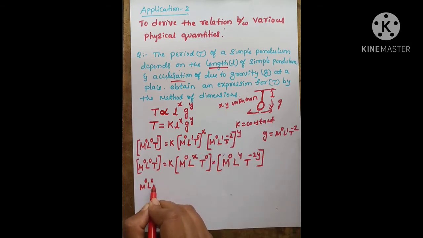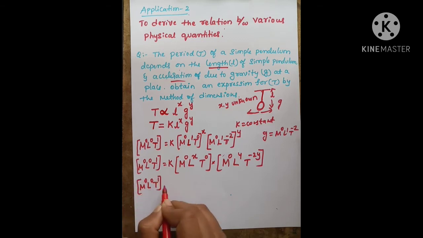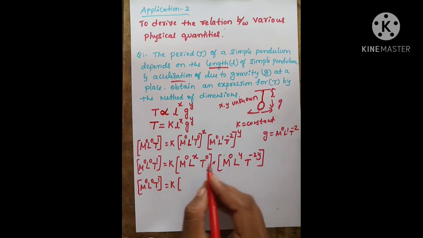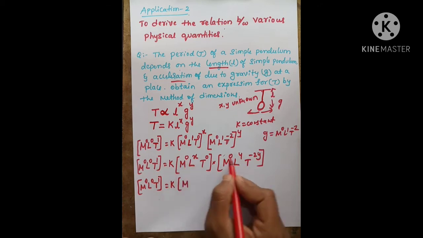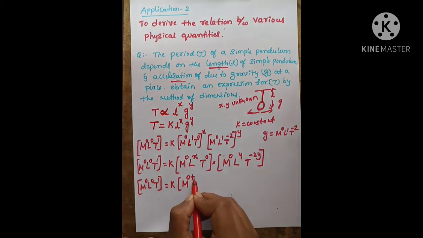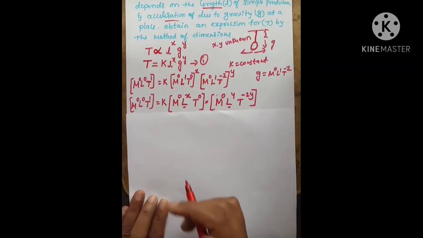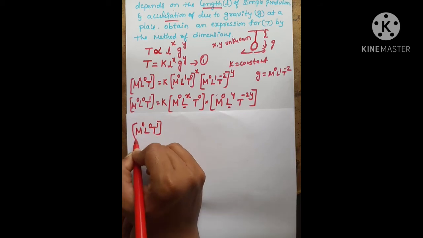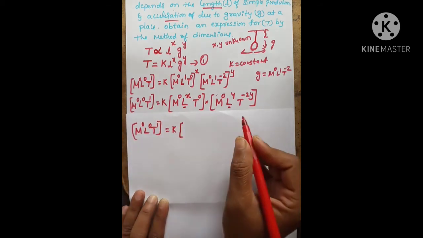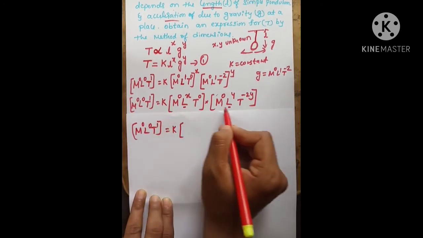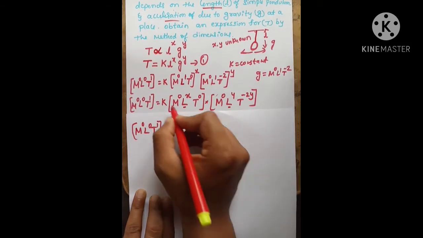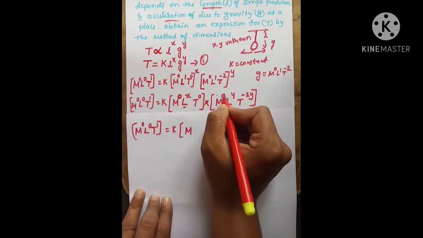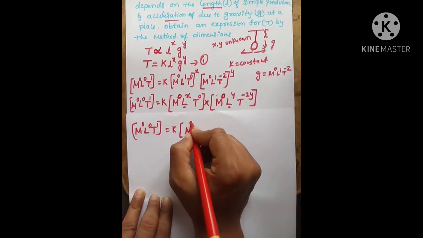M^0 L^0 T to the power of 1 is equal to k into, if the bases are same, add the powers. In LHS, M^0 L^0 T to the power of 1 is equal to k into, if the bases are same, in multiplication, add the powers: 0 plus 0.